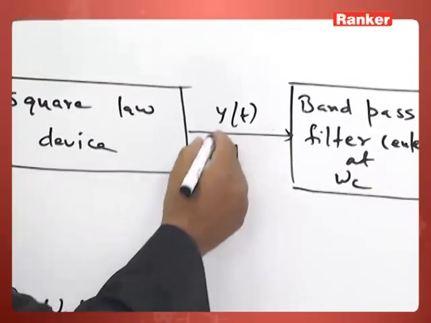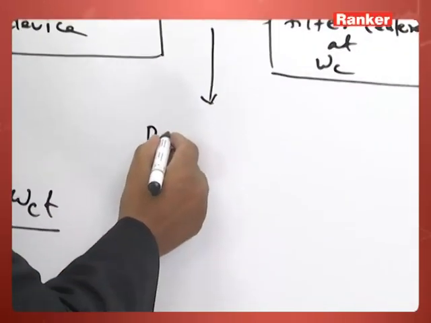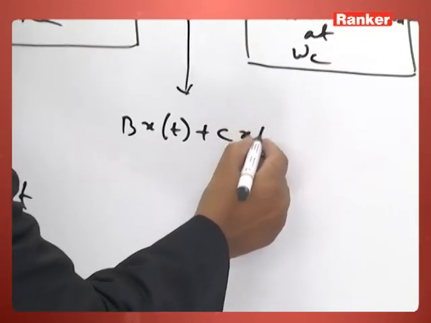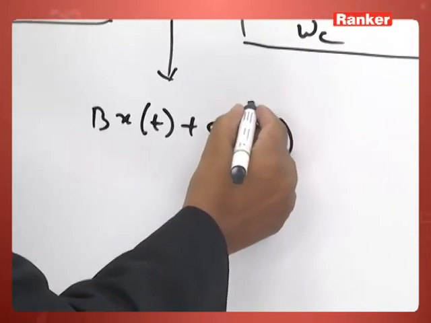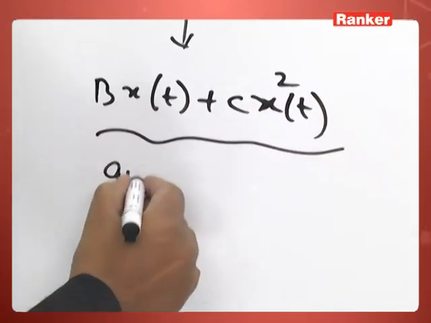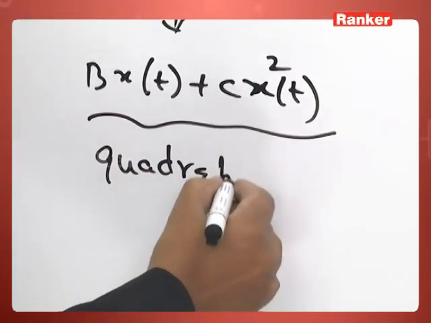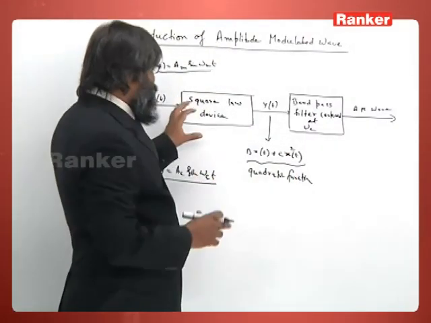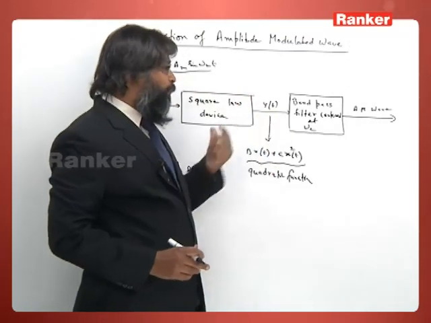So we will get y(t) = b x(t) + c x(t) whole squared. You see this is the quadratic function. The square law device just gives a quadratic function.